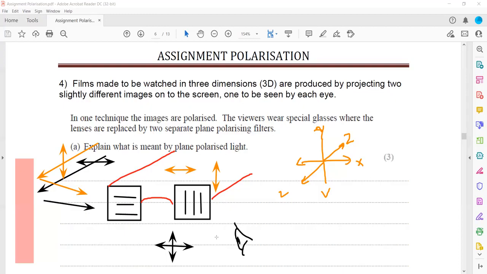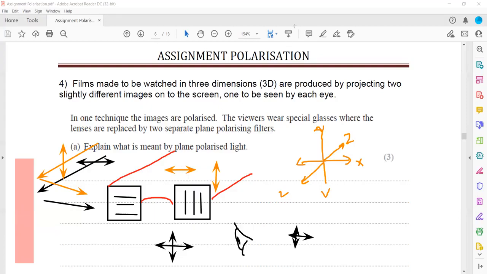So it will appear very bright and blurred as well, because two images are forming in both eyes. Here, if you have a left eye or right eye, at the retina both components are there. But with the glasses, one eye captures the horizontal component and the other captures the vertical component, and when the brain processes this image, it appears to be 3D.